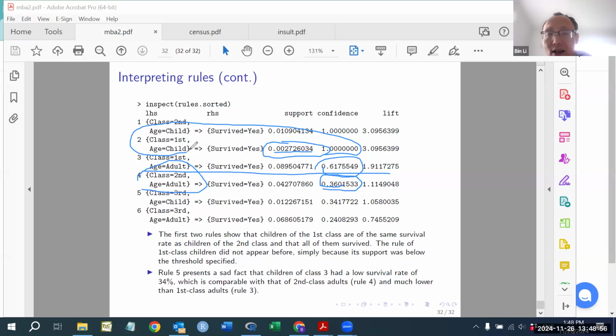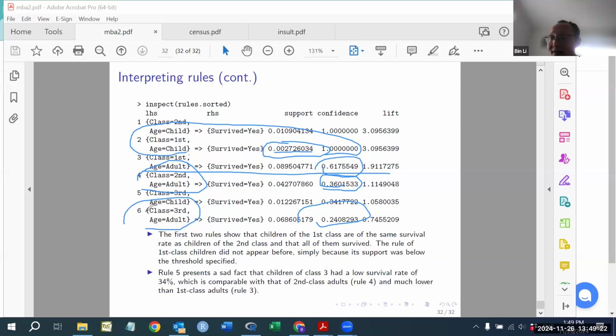So you can see the first class has a much higher survival rate for the adult passengers, right? The second class has much lower. And what about the third class adults? Even lower, so less than a quarter of the third class adult passengers survived.